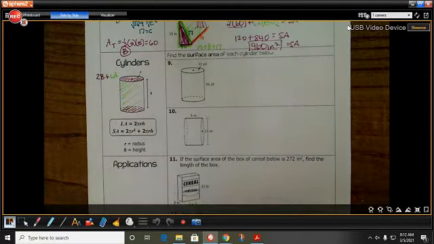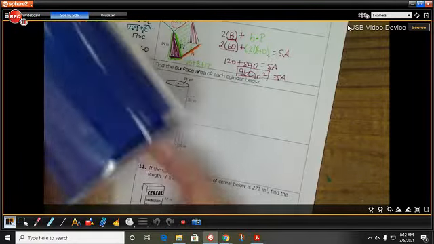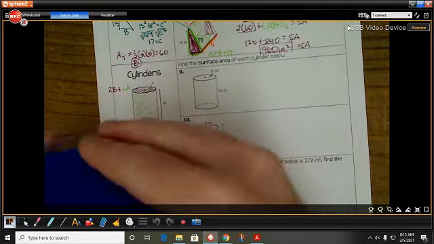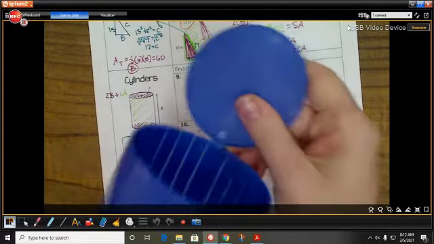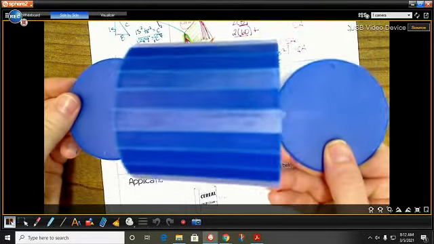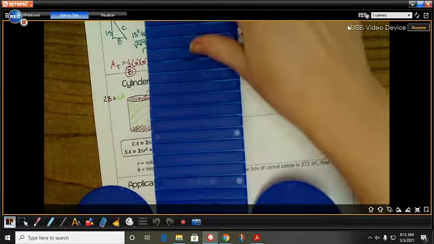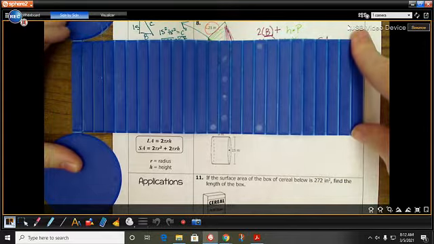And so you have your cylinder with a circular base and its lateral side here. So to find its total surface area, I'm going to have the two circles on top and bottom, and then I'm going to have this lateral area. And if I open that out and lay it out flat, you'll notice that this lateral area is really a rectangle.